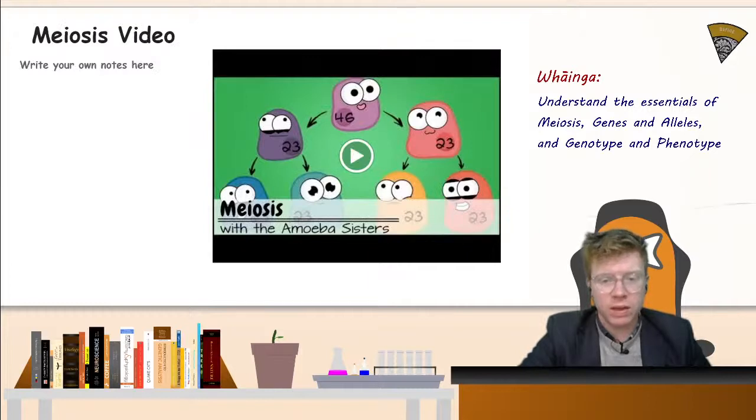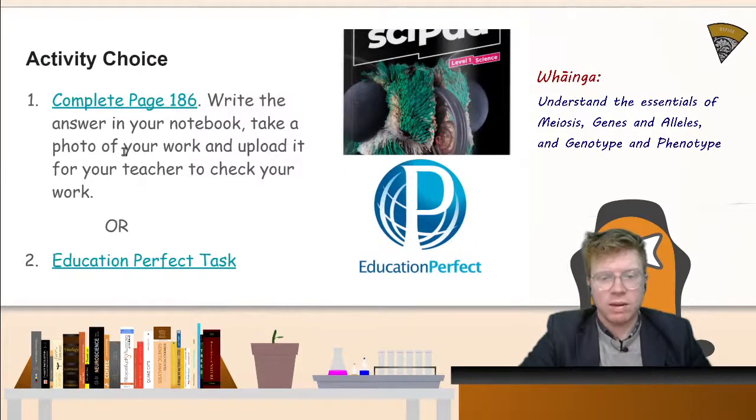There's also a little video here by the Amoeba Sisters, fantastic channel if you want to look at some good biology content. So that's there for you to review. And again, there's these notes in here, another page in SciPad and another Education Perfect task related to this.